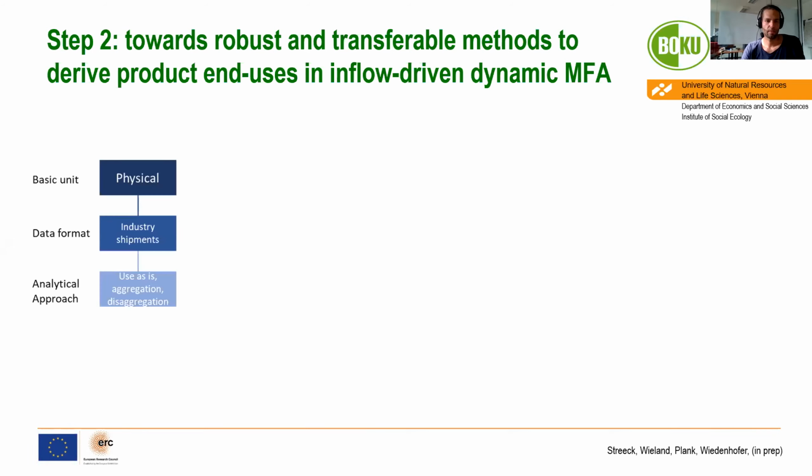In order to see which methods are out there, we conducted a little literature review. And we found that so far in many inflow-driven MFA studies, so-called industry shipment data has been used, which is data in physical units, which says basically which crude materials go to which manufacturing sectors, for instance, construction or transportation.